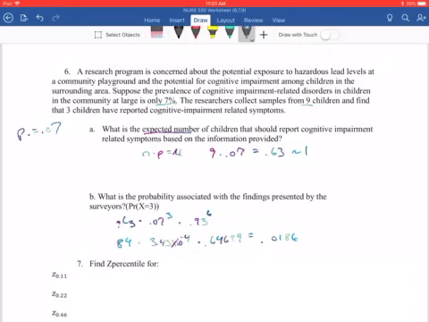So that is your probability associated with finding exactly 3 in this population.